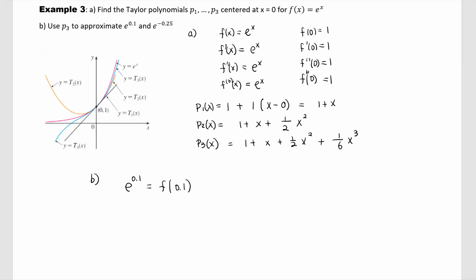Okay? So that is f of 0.1. That is approximately P3 of 0.1. So 1 plus 0.1 plus 1/2 times 0.1 squared plus 1 over 6 times 0.1 cubed. Alright, so plug this in your calculator.